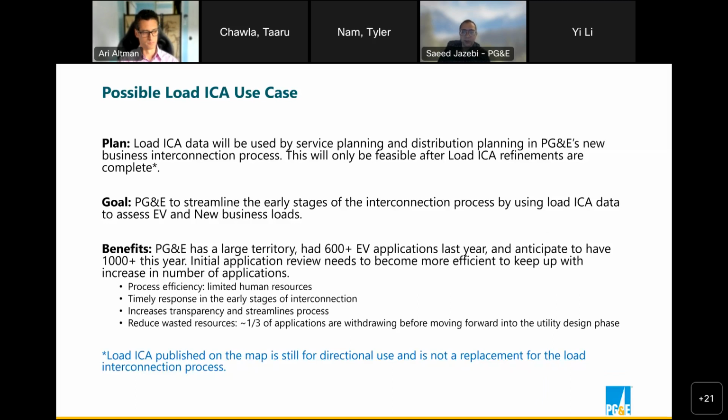So for example, during the application intake, PG&E helps the customer to calculate demand numbers. Sometimes they come up with some load data that, when PG&E engineers look at it, is either overestimated or underestimated.